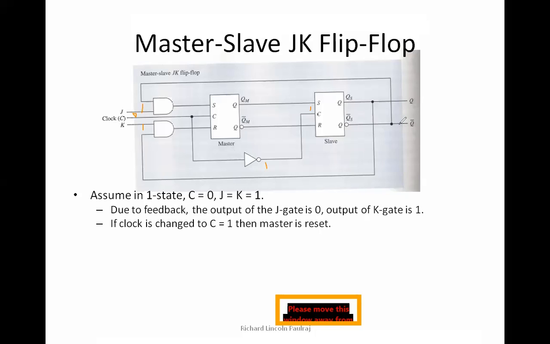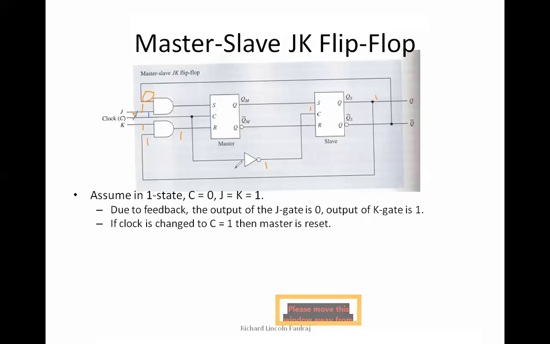Initially there was nothing. So due to the feedback, you have 0 coming and sitting here. The output of K gate is 1. Obviously if this is 0, then this is going to be 1, so 1 is going to come here, and the output of this gate is going to be 1. If the clock is changed to C equal to 1, then master is reset. Now say for example at this point of time, I change the value from 0 to 1.